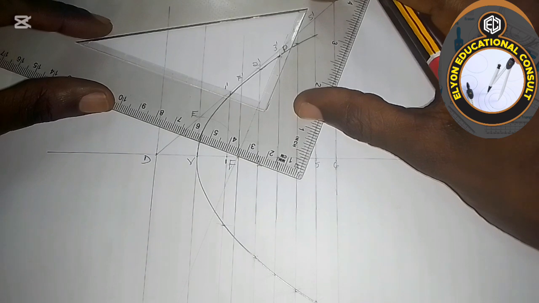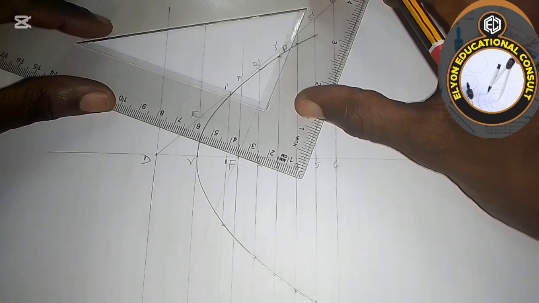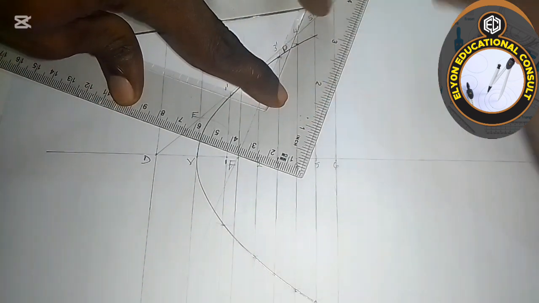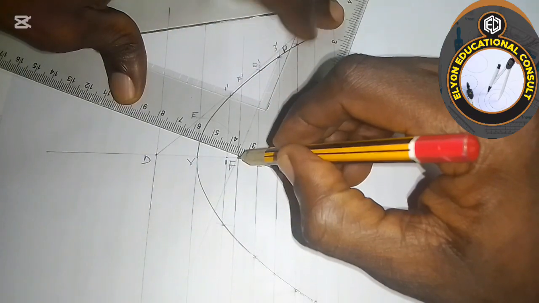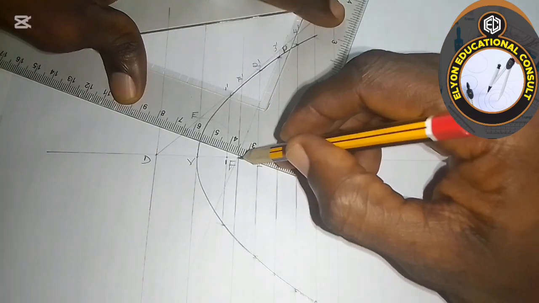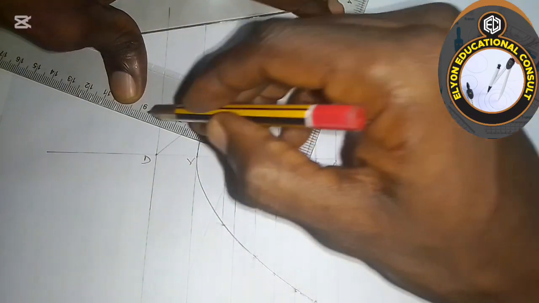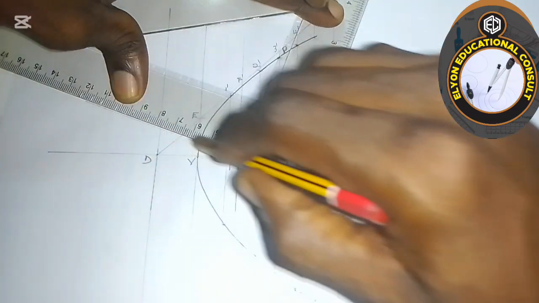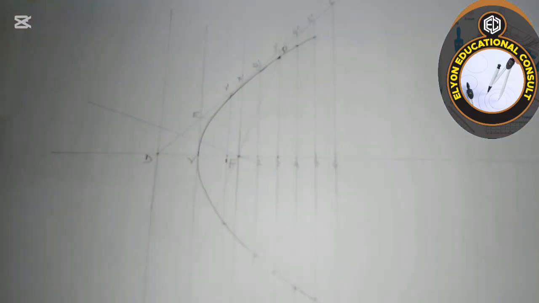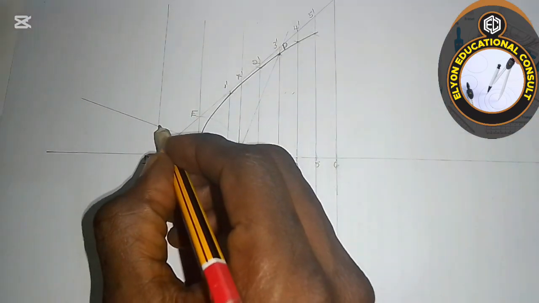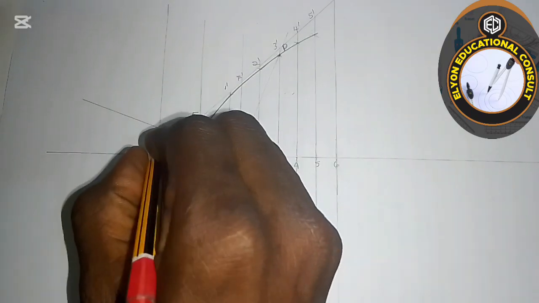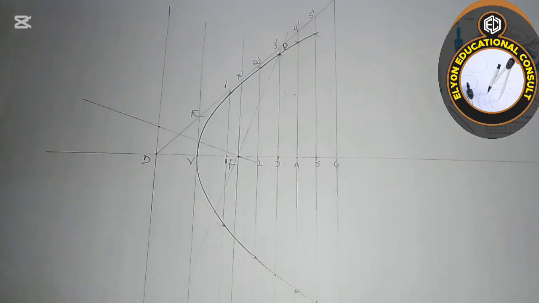So just move it to the point of the focus. All right, so I'm going to draw a line this way. Take note where it touches the directional line or the directrix. So let's call this point T now.